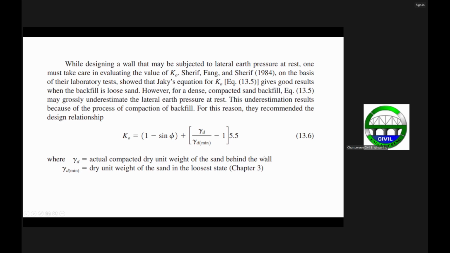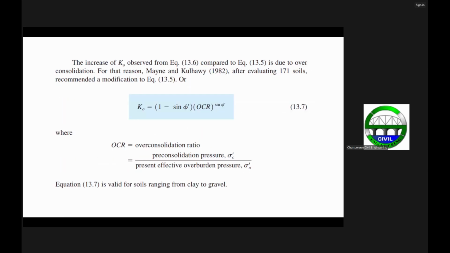Normally, we use sand materials for backfill to have good drainage. And then we have here gamma sub d min, or minimum, which is the dry unit weight of the sand in the loosest state.